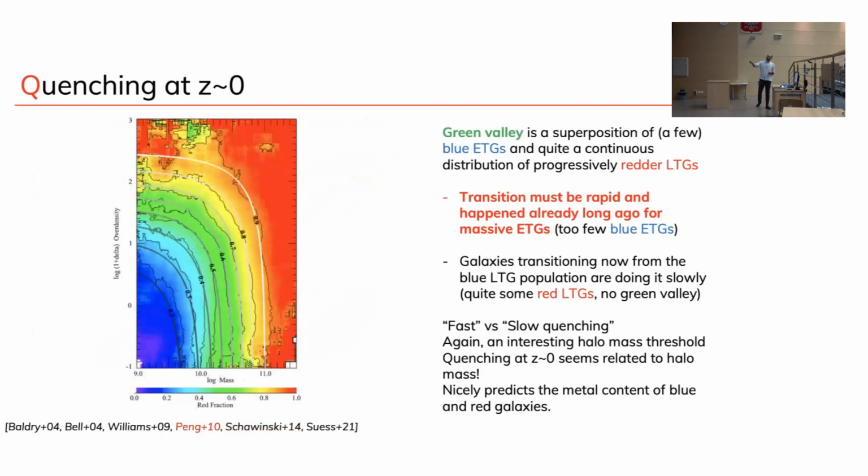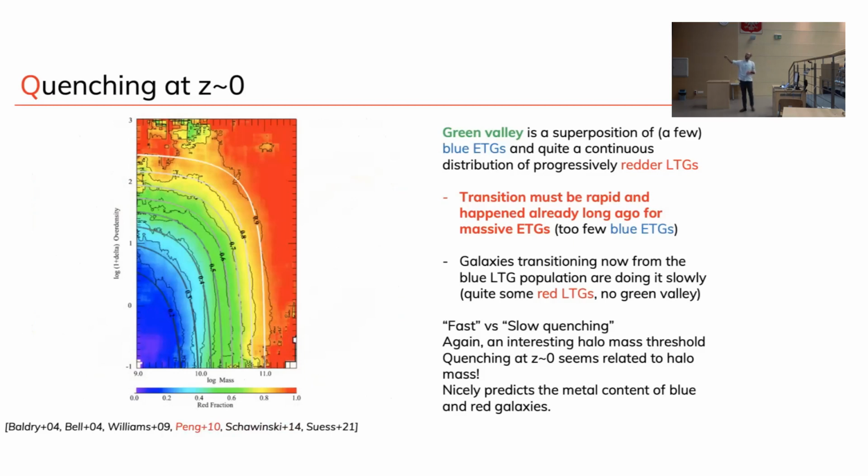This is another version, exactly from this paper. This is just showing you, as a function of mass, the quiescent or the red fraction. So again, in this case, red means quiescent, blue means star-forming. You see that basically above a certain mass, which is 10 to the 11, galaxies are always quiescent. It looks like if you reach that, something happens and you quench.